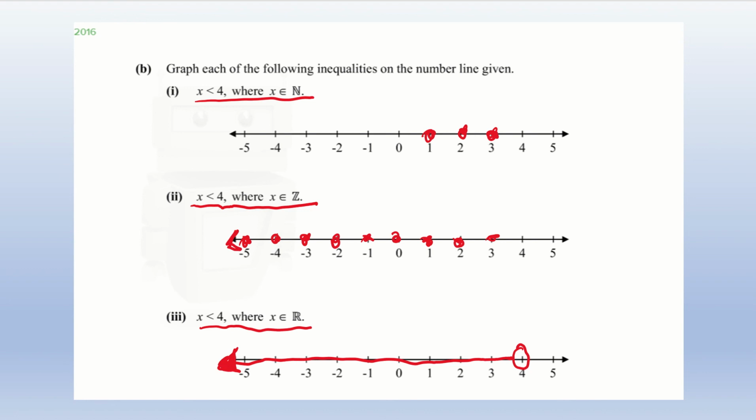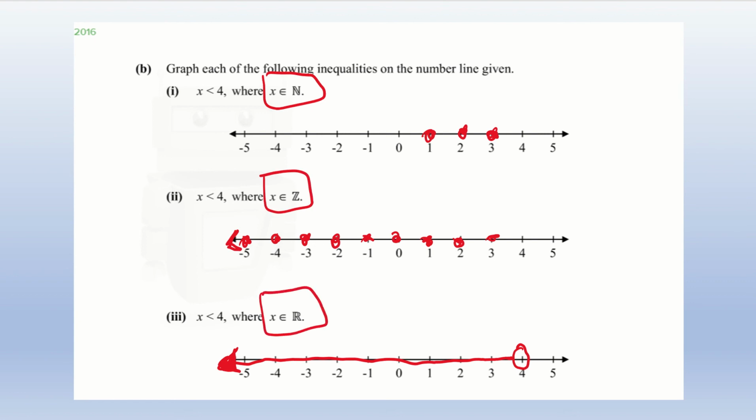So the only thing that was different between these three questions was this, this, and this. And the question was asking you basically, do you know the difference between representing your natural numbers, your integers, and your real numbers on a number line? Do you know how to represent them with dots?